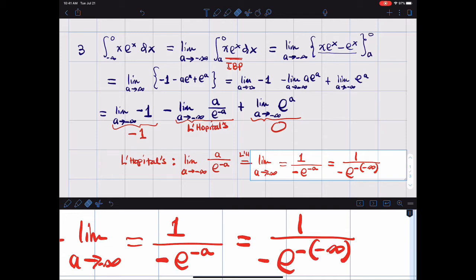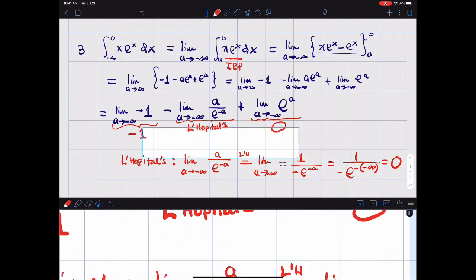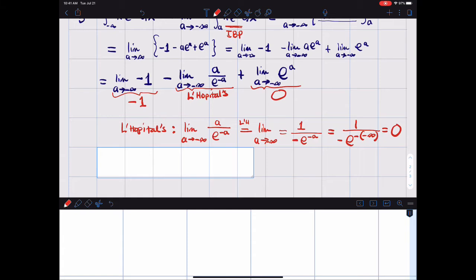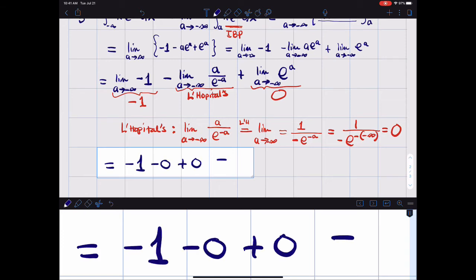So you're dividing a small number like 1 by something very huge. So this goes to 0. Okay? So that means our definite improper integral becomes negative 1 minus 0 plus 0, which is just 1. Which is negative 1. I said 1. What is wrong with me?